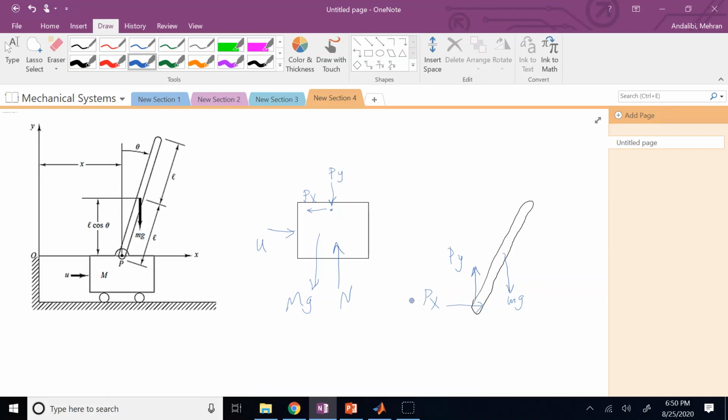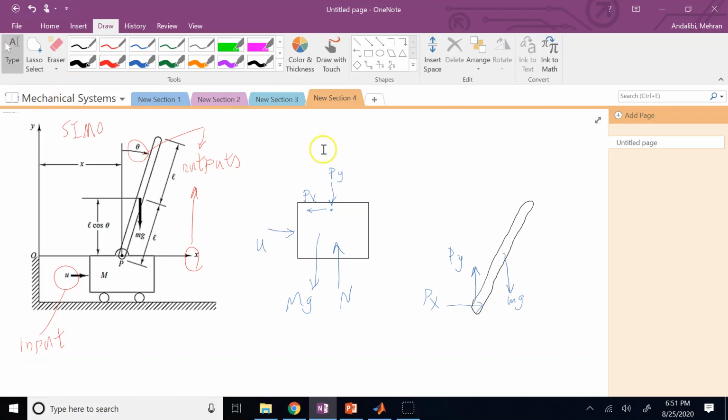And this system, if you look, it has one input, U, and then how many outputs? Two. One of them is X, the other one is theta. So again, this system is single input, multiple output SIMO system.